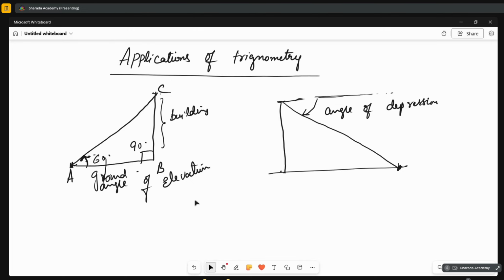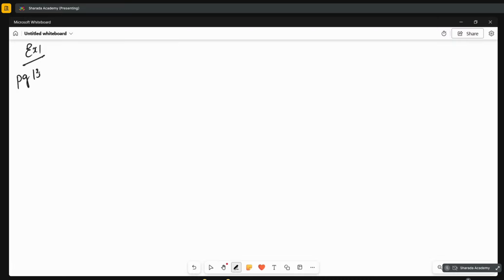Example 1. I'll not write the question, it is lengthier. Example 1, page number 135. Everyone is having textbooks? Try to share.